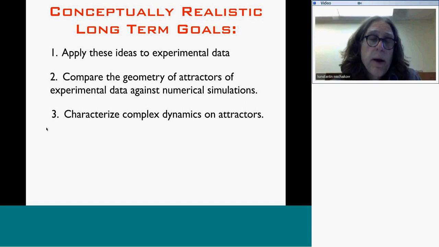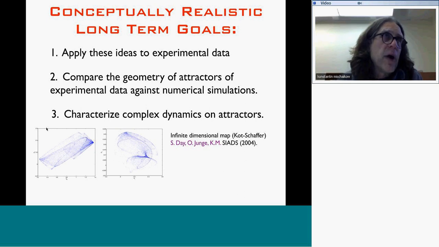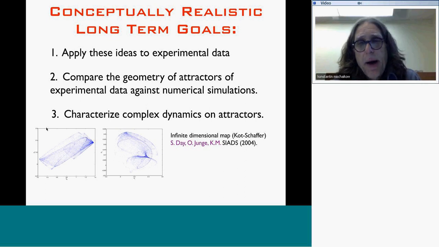If you have point clouds and you understand how points are getting mapped to points, then in principle one can get finer descriptions of dynamics. What is it that's really driving the complex dynamics?